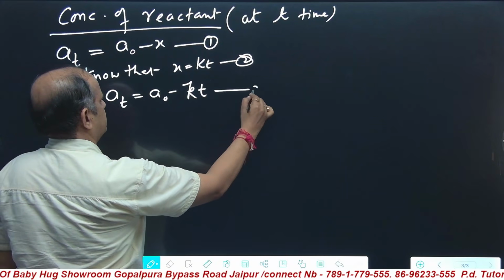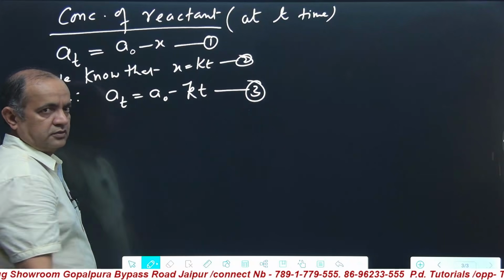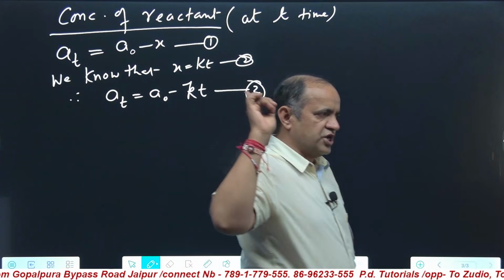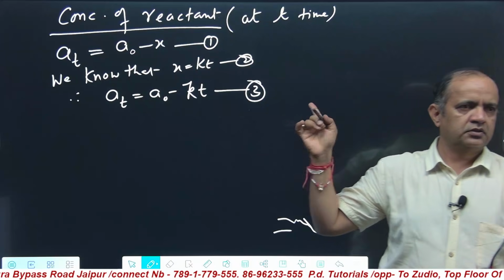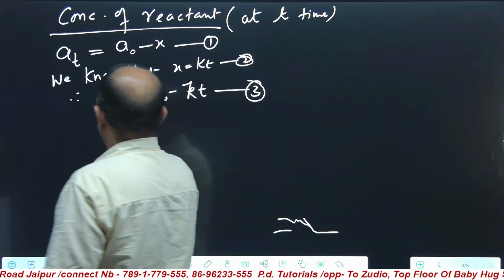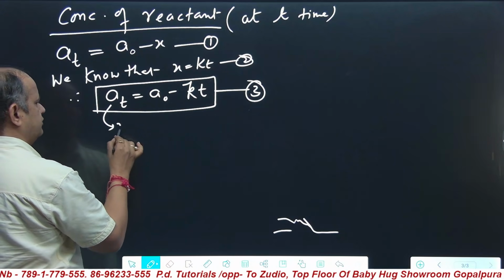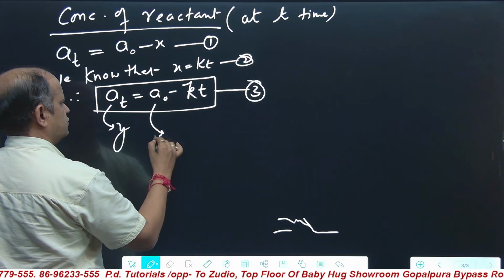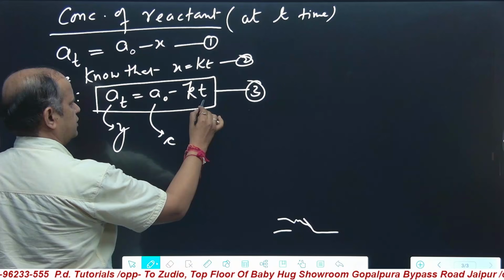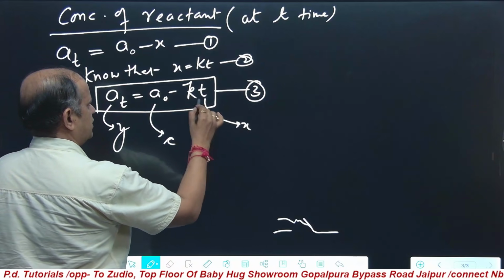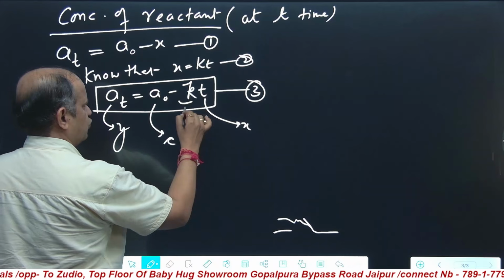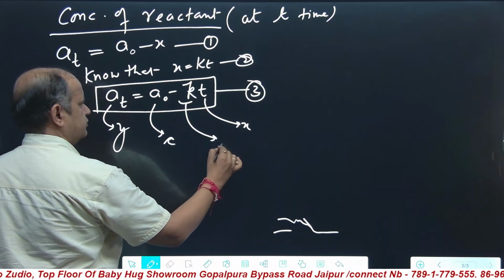Very good. Is this a straight line equation? If this is a straight line equation, this is y, this constant is c, this is x, and this is the slope. Is the slope positive or negative?